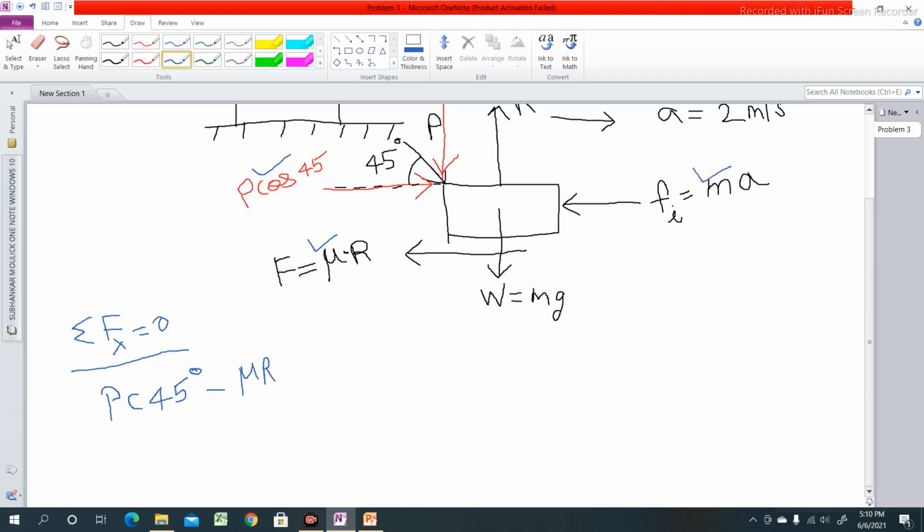It is also acting in negative x direction, so I will write minus inertia force, that is ma, is equal to 0.